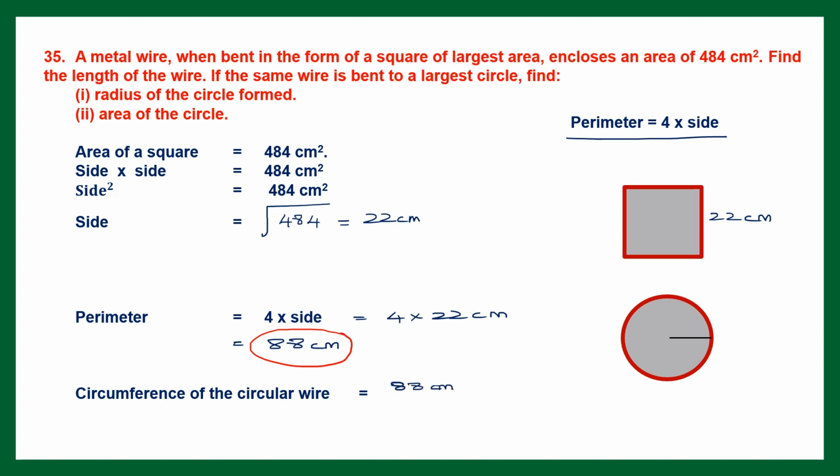Now we can find the radius with the help of the formula. So now that we know the circumference of the circular wire is 88 centimeters, we are going to find the radius with the help of the formula. Now what is the formula to find the circumference? Circumference of any circle, the formula is 2 pi r. That means 2 pi r is equal to 88 centimeters.